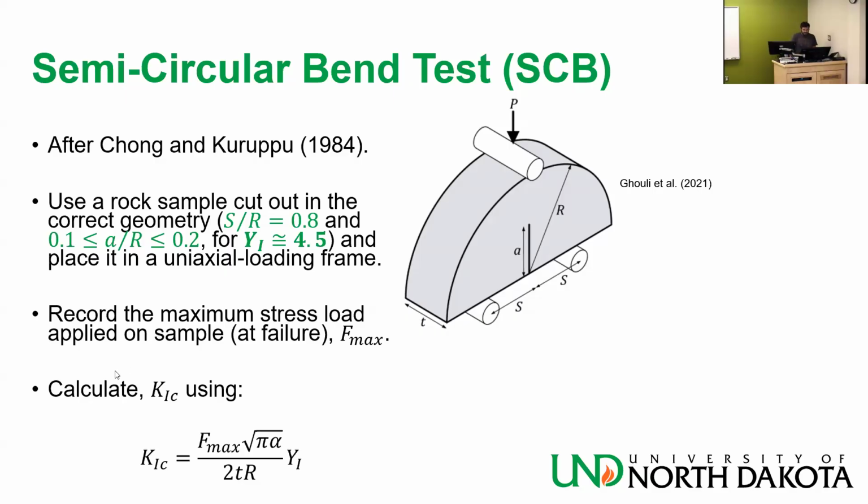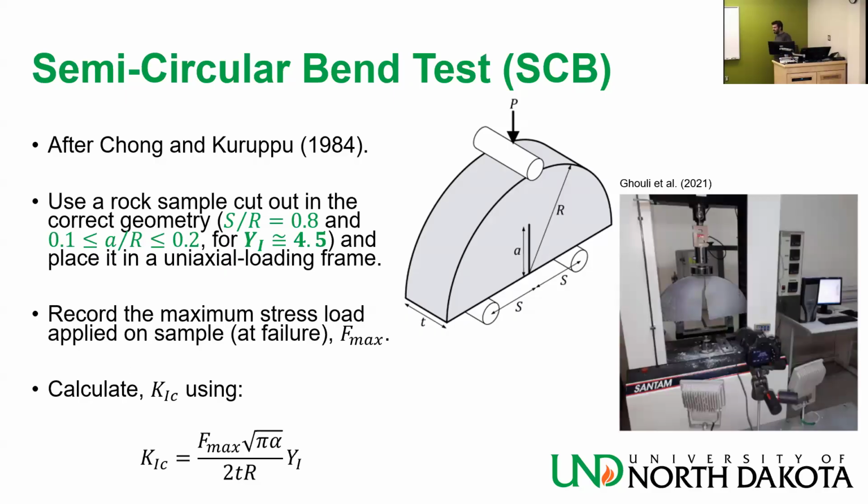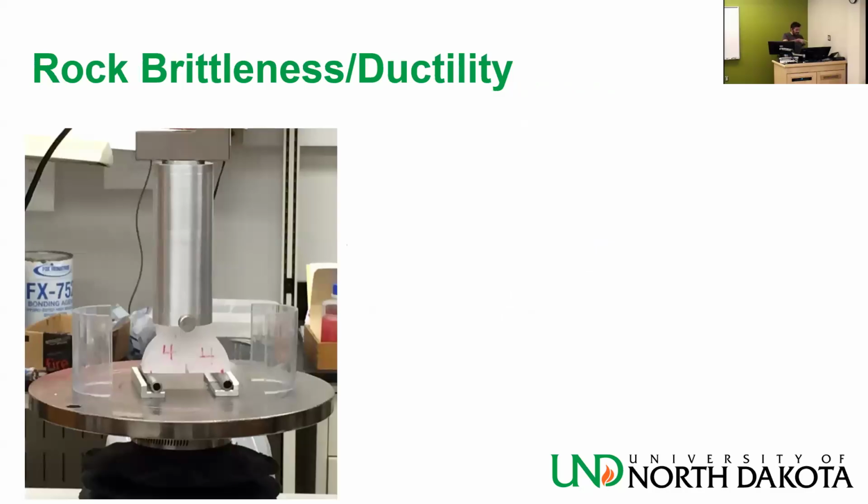And this is a project, how it looks like. And this is another one of mine, actually. I took this picture at my last advisor's lab at the University of Texas. He had a geomechanics lab.